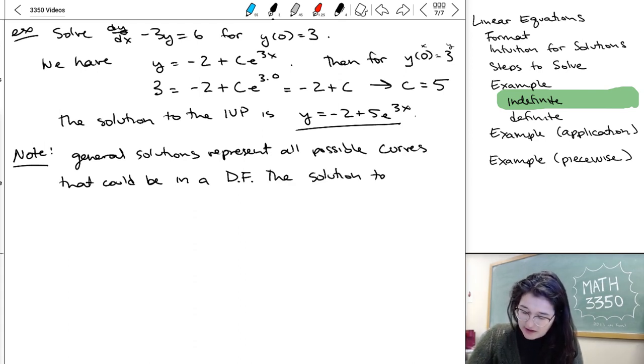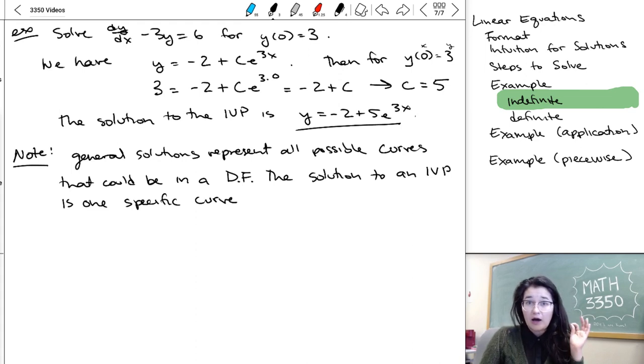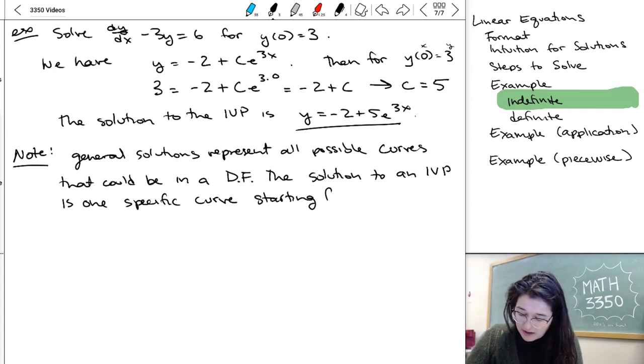The solution to an initial value problem is one specific curve that you got when you clicked on the direction field plotter once. And it's the one that you get when you want to start from whatever the initial condition is in the initial value problem.